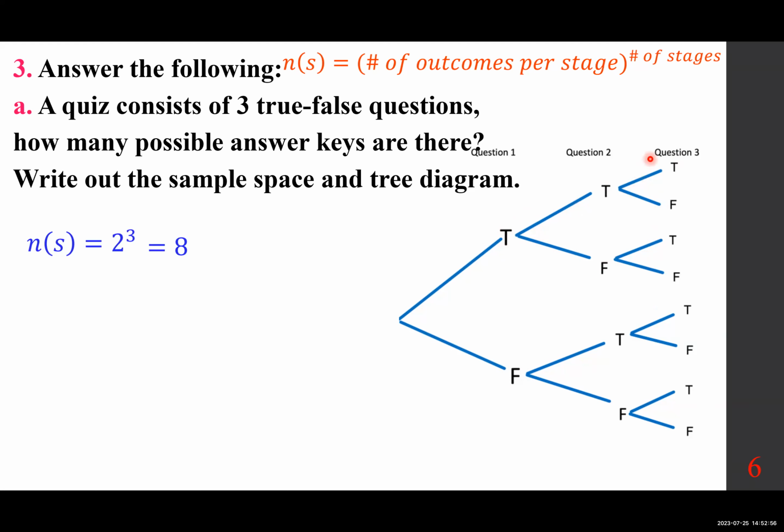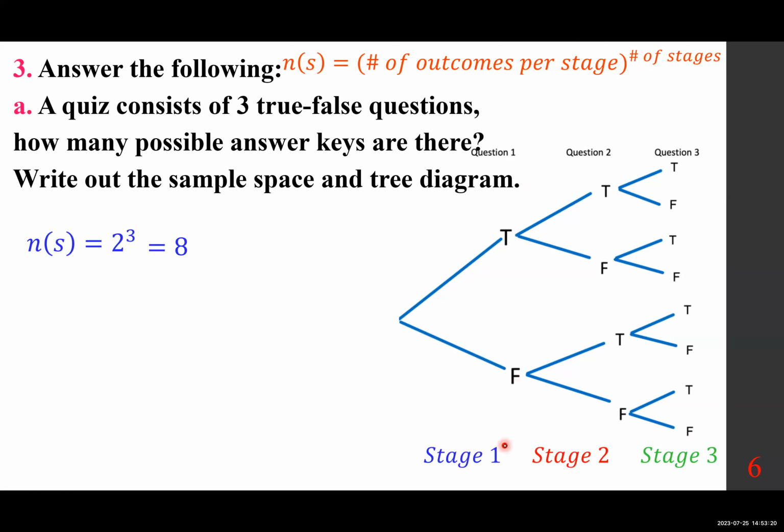So TF and all the way to the end. So right here, you see you have TTT. Over here, you have TTF. Over here, you have TFT, TFF, FTT, FTF, FFT, FFF.